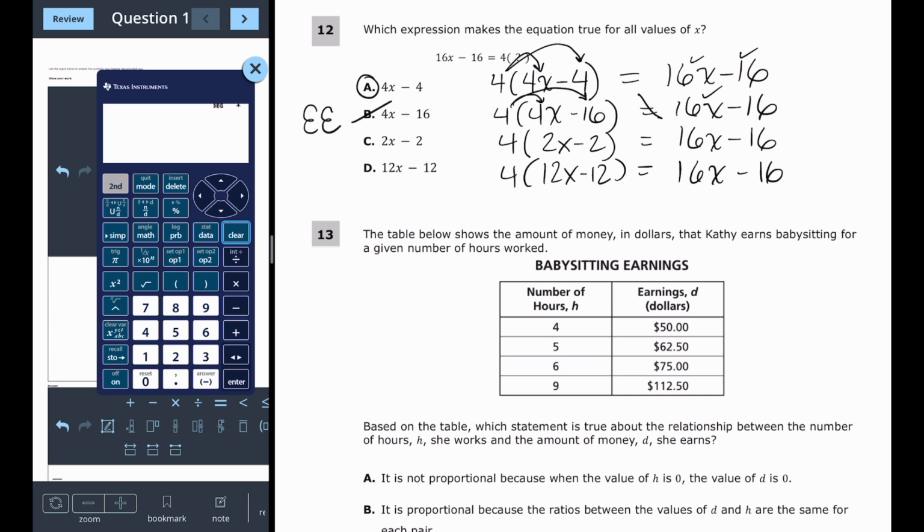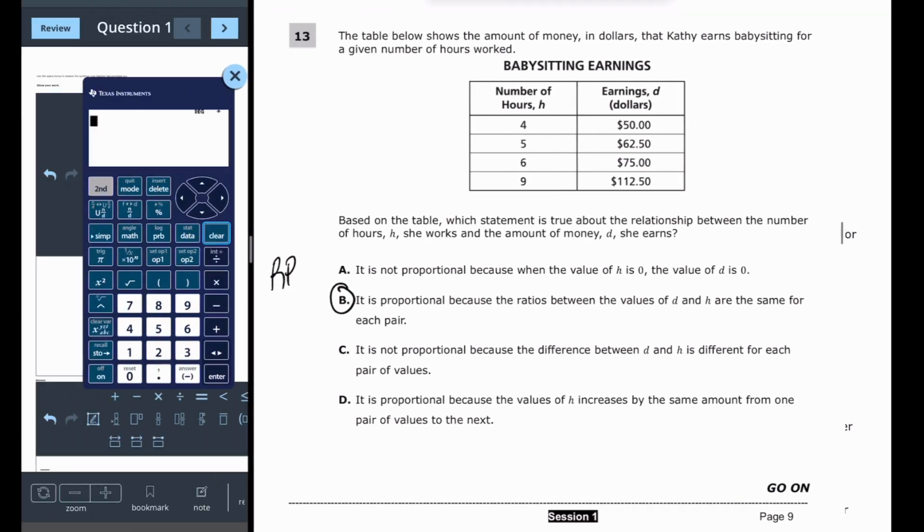That's what we're looking for, a kid who doesn't distribute to both of them. In the second one, 4 times 2x would have given us 8x. So that would have been your first clue. And in the third one, 4 times 12x would have given us 48x, which would have been your clue. All right, so that's the next set of 4. Hit pause, make any corrections, and we're going to move on to the next section.